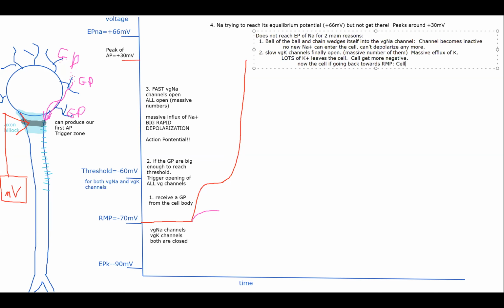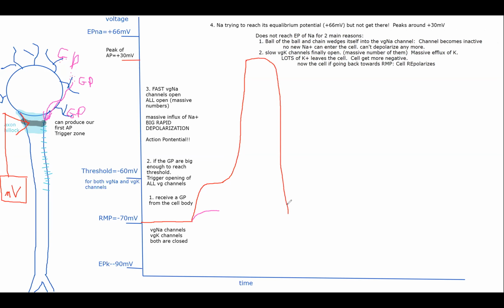So the cell repolarizes. We've reached our peak of 30 millivolts, and now the cell starts to repolarize.